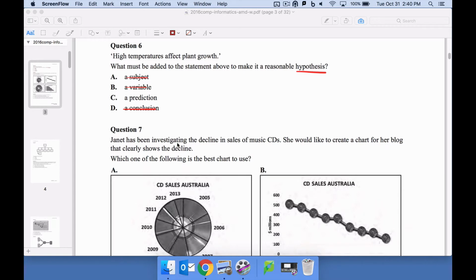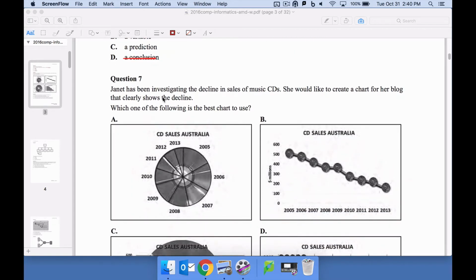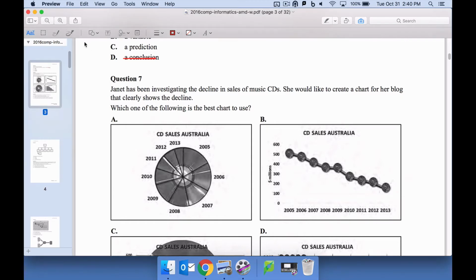Question 7. Janet has been investigating the decline in sales of music CDs. She would like to create a chart for her blog that clearly shows the decline. So we can see that this is one of their requirements. Which of the following is the best chart to use?